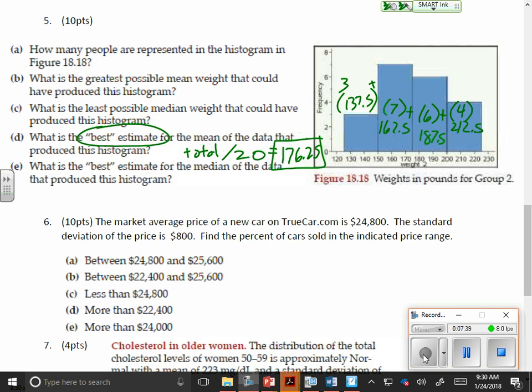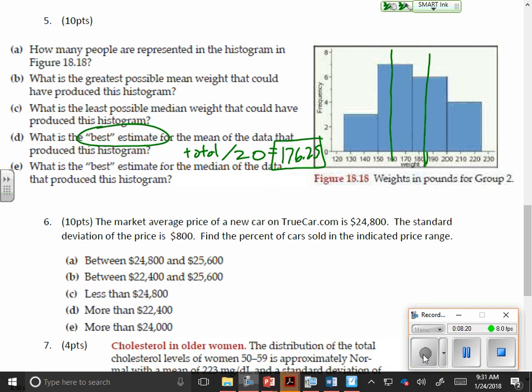Now, what's the best estimate for the median? Because the median's not influenced by how many are in one side, how much they weighed. Is this a weight? Yeah. Because if I want the best estimate for the median, then I want the average between number 10 and 11 again, but I want to put number 10 and 11 right in the middle of their interval this time.